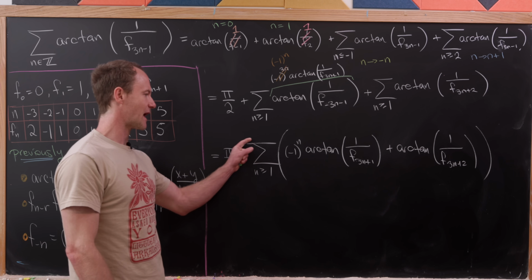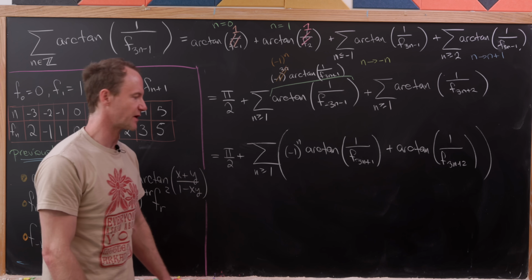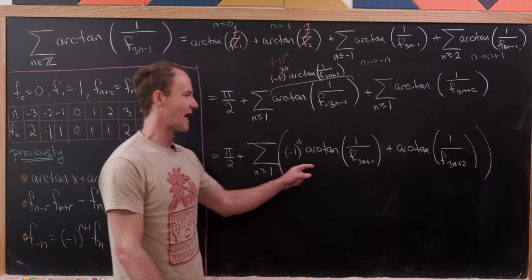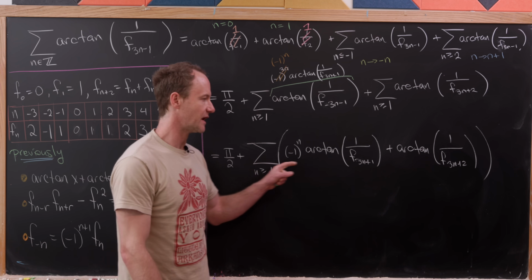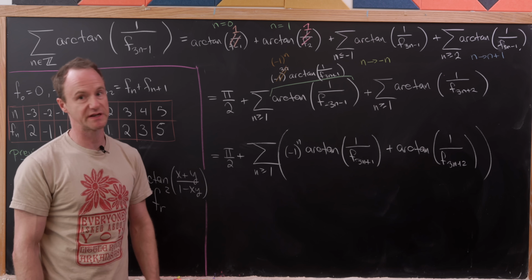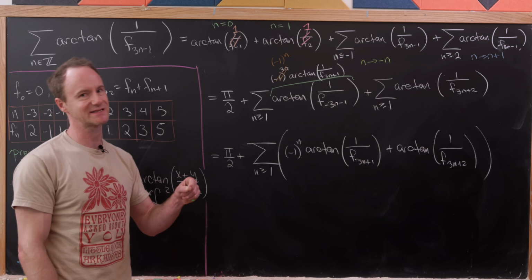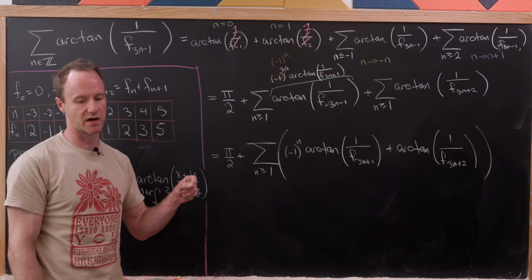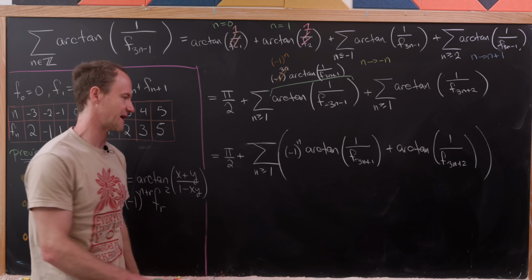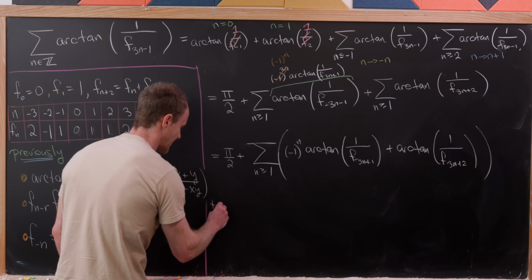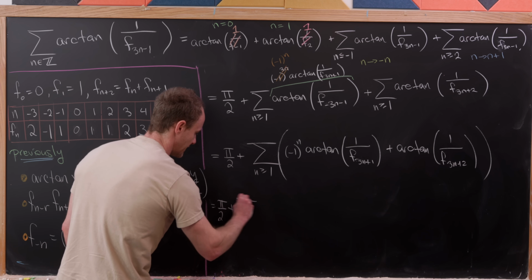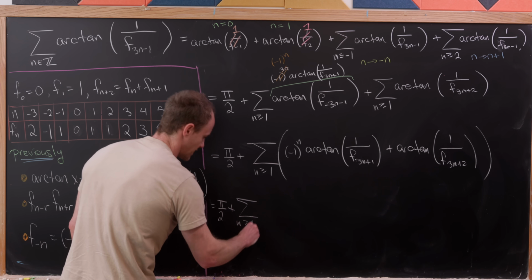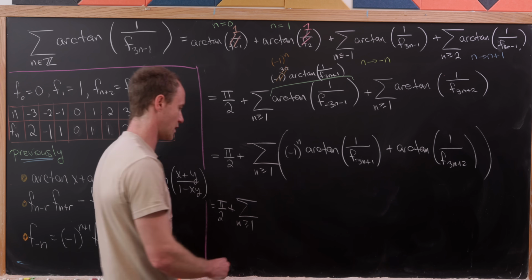I'm going to do that by keeping my sum as n goes bigger than or equal to 1, but then I'll have an object like this where n is replaced with 2n, and another object like this where n is replaced with 2n minus 1. That'll take care of my even terms and my odd terms. So let's see what that's going to look like. Here we'll have pi halves, and then plus, so our sum is still n bigger than or equal to 1.